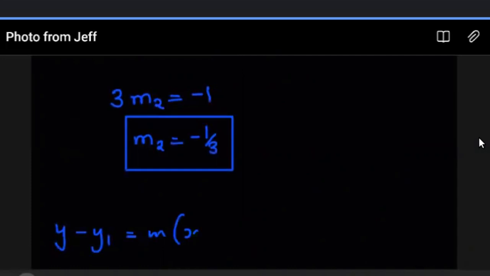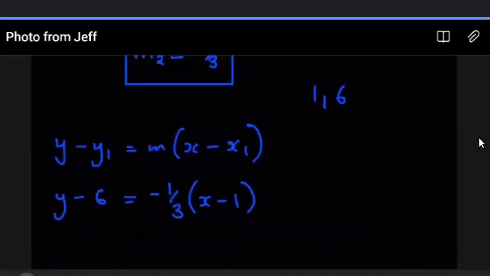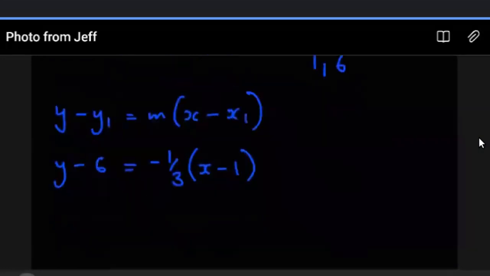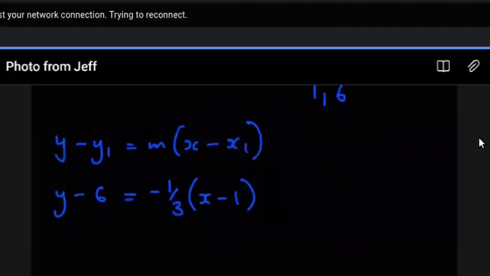We're still using (1,6), so this is y minus 6, but the difference is the gradient. Our gradient now is -1/3, and then x minus 1. So this becomes, I can cross-multiply by the 3, so that it becomes 3y minus 18 is equal to minus x plus 1. So across the 3, I've set a negative in.